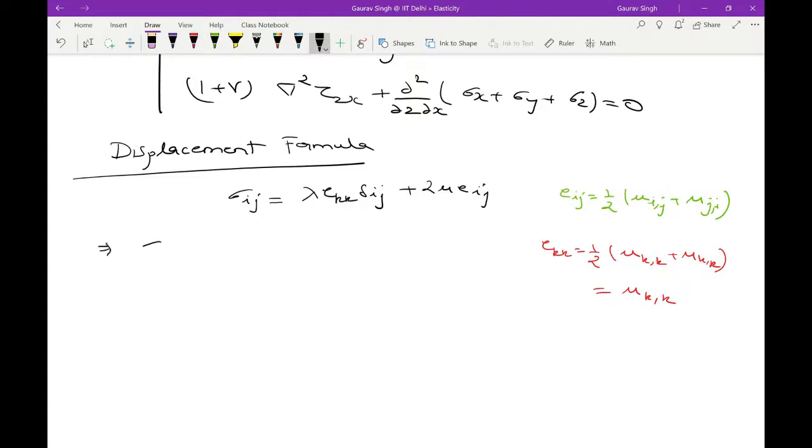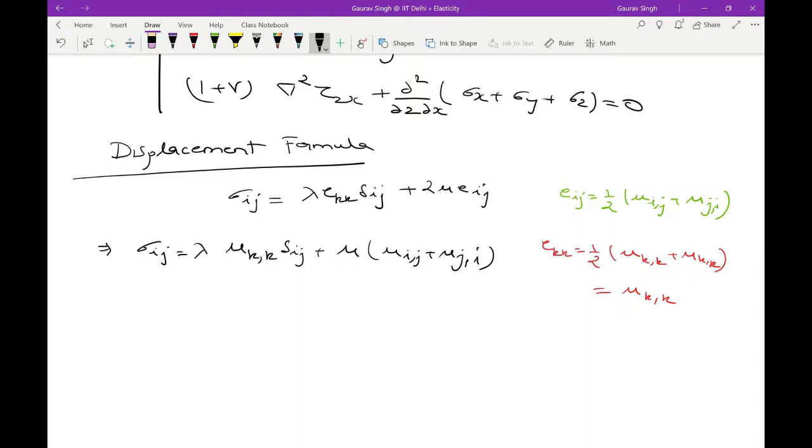This implies that sigma ij will be equal to lambda e_kk, which is u_k,k, delta ij, plus mu into 2e_ij, which would be u_i,j plus u_j,i. Okay, so this can be written in terms of scalar expressions as well.